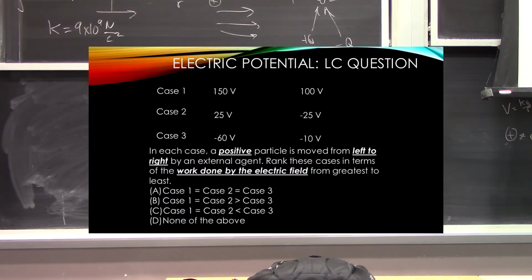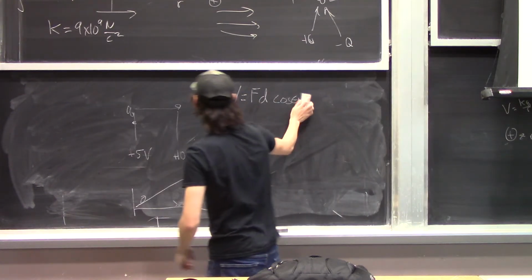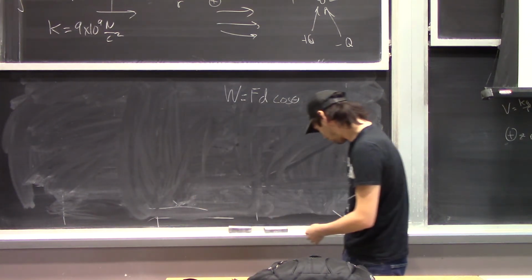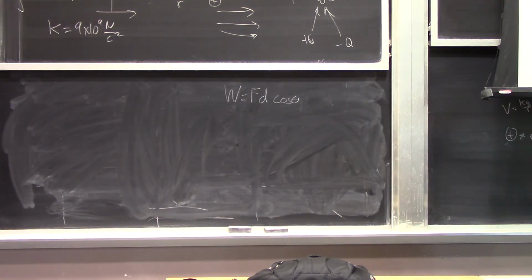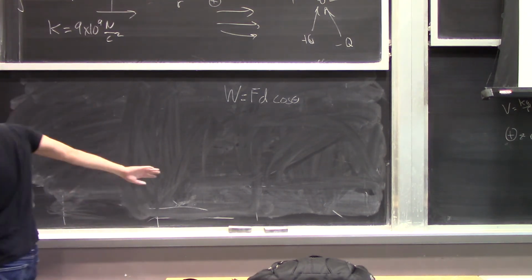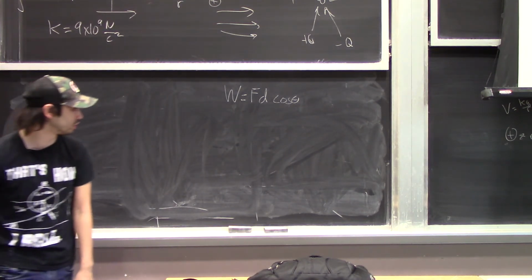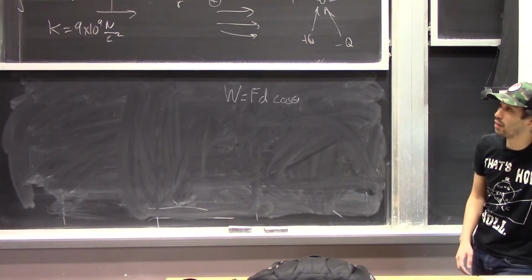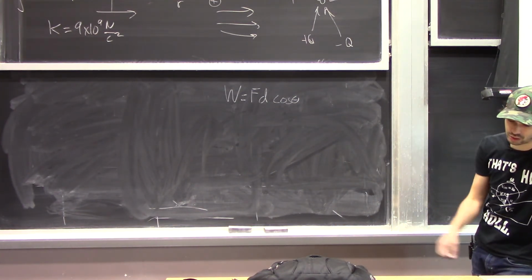Okay, so let's look at another one. So let's talk about this one, and there is a little bit of intuition here, but to completely get the answer correct, you also have to bring back the equation to get the sign correct on what the work is done by the force due to the electric field.